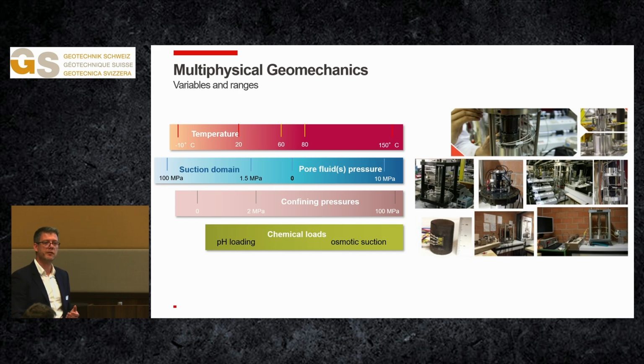Pressures: we are at very high depths, so the pressure of the water will be high. At the same time, the pressure of the gas, as we will hear, can be high. But there is also the suction domain where the pressure of the water is negative, especially as a consequence of the excavation. Confining pressures are quite high because we are at depth, and chemical loads can involve changes in pH and also changes in the osmotic suction.